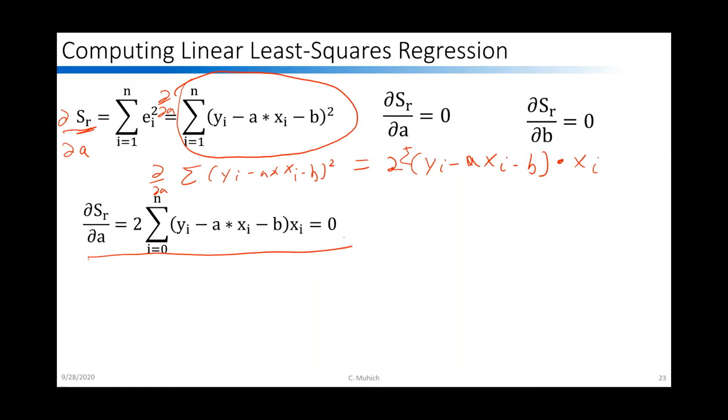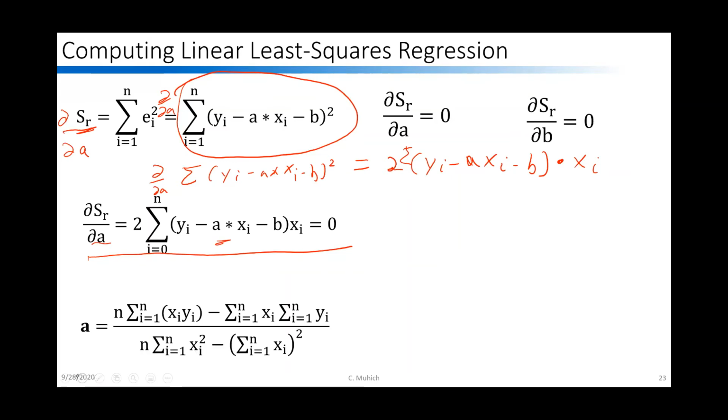I'm not going to go through the math because it's a little bit tedious, but I'll show you what the end result is. So here we have the partial derivative that we're interested in. We can set this equal to 0. Then we can take this system, or one big long equation, and solve for a. When I do that, I end up with this equation at the bottom.